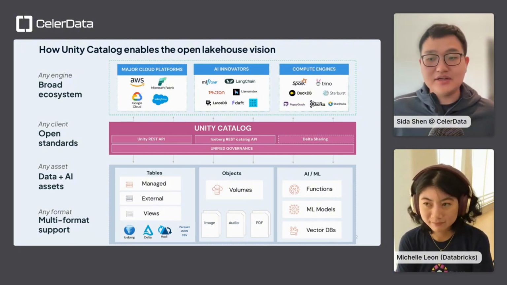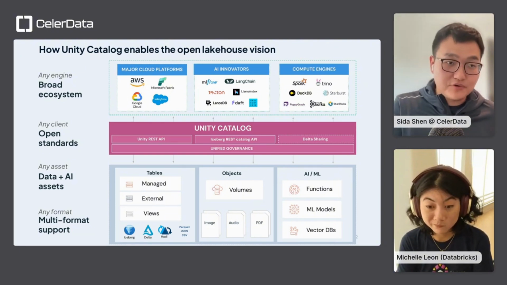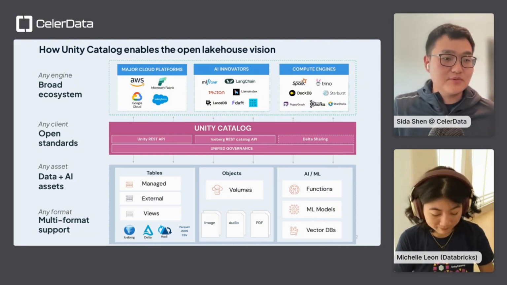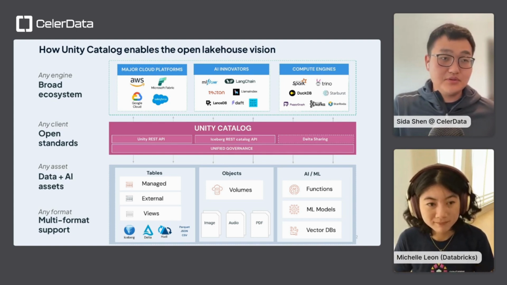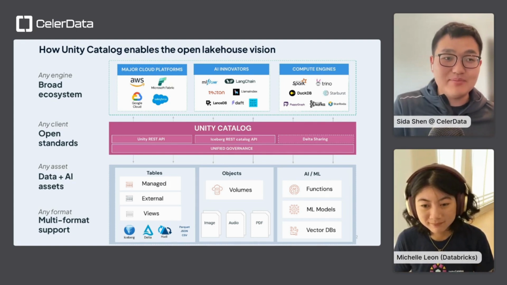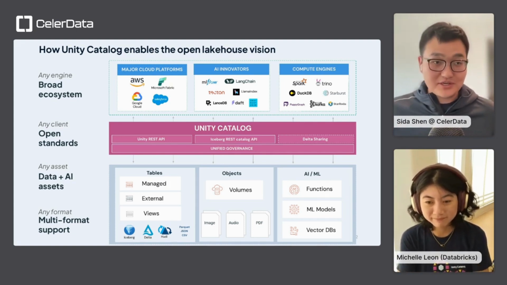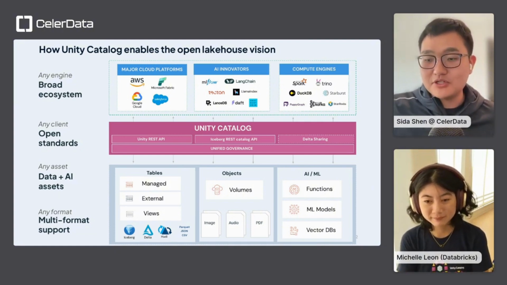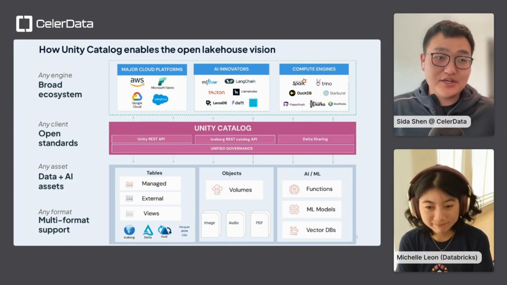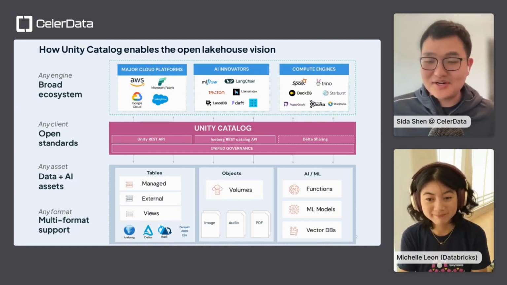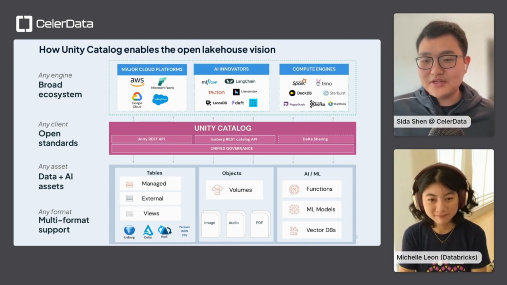I think it pushes the boundary even further in terms of what analytics is capable of, because we're going to have so many more specialized tools working in this architecture. And I think this is great.